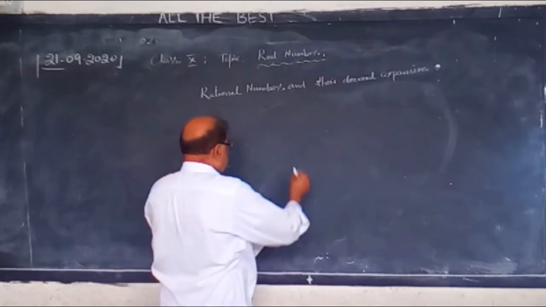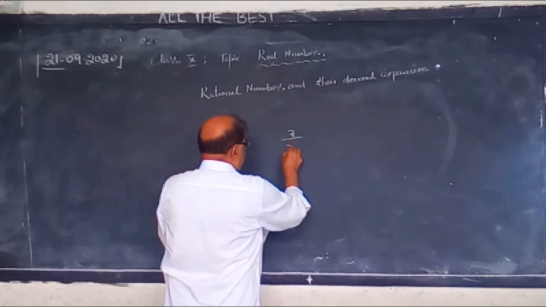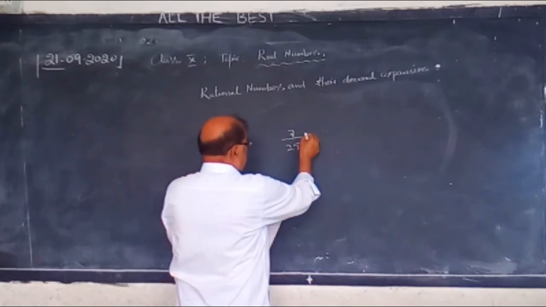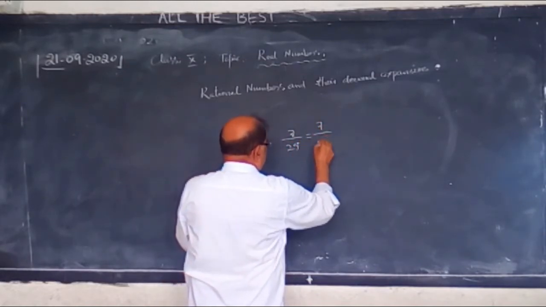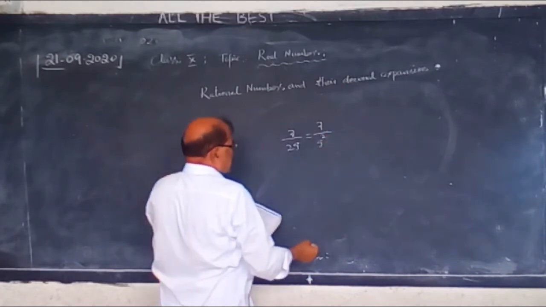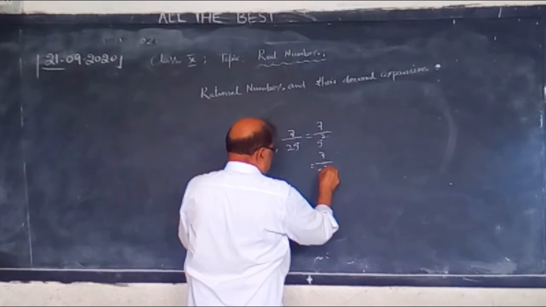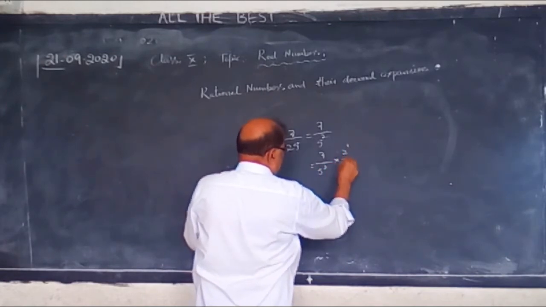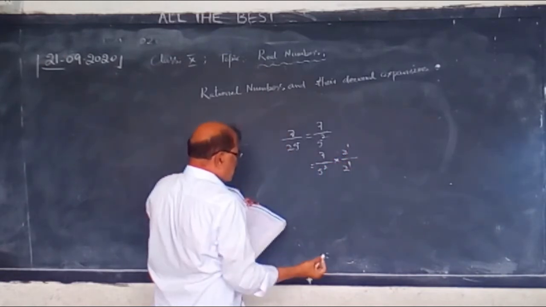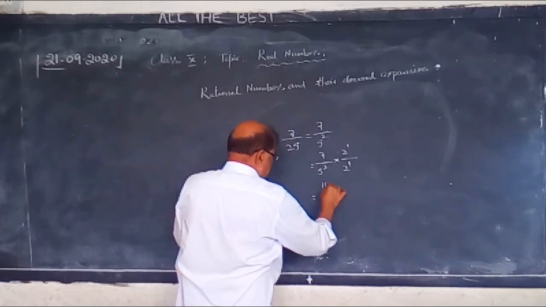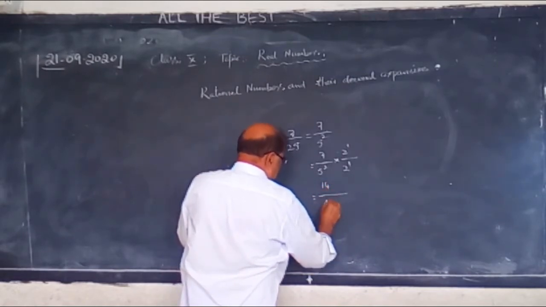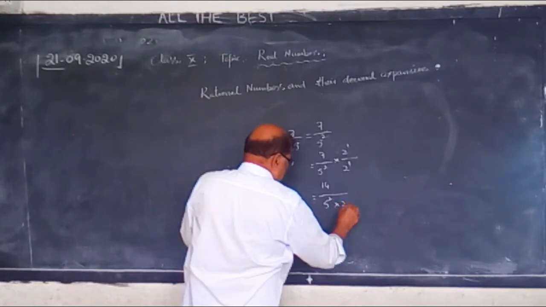For example, 7 by 25. This can be written as 7 by 5 square. So you need 2, so 7 by 5 square into 2 to the power of 1 by 2 to the power of 1. So this is 14 by 5 square into 2 to the power of 1.